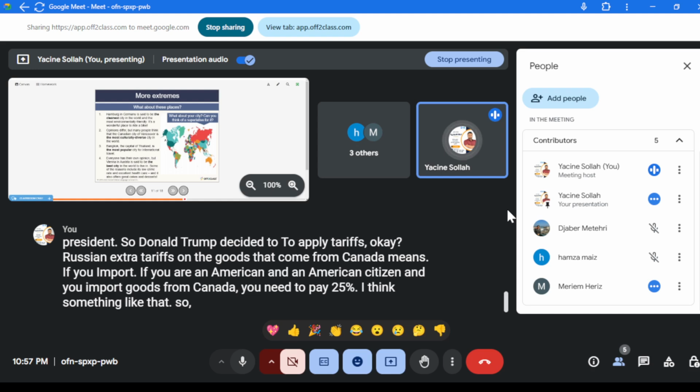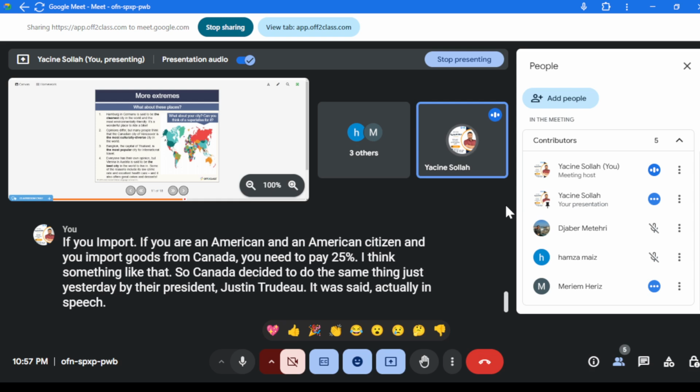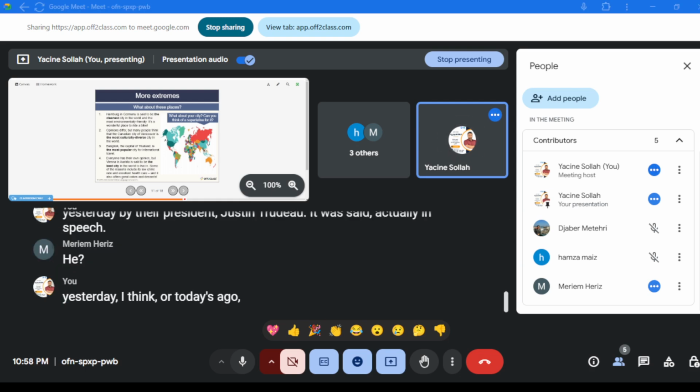So Canada decided to do the same thing just yesterday, by their president, Justin Trudeau. It was said, actually, in a speech yesterday, I think, or 2 days ago. Well, that's a long story.